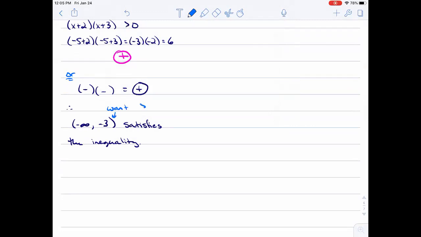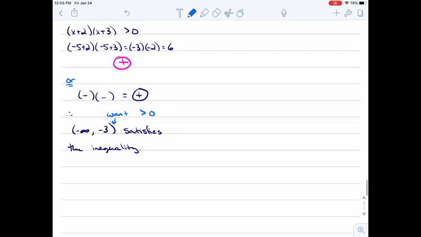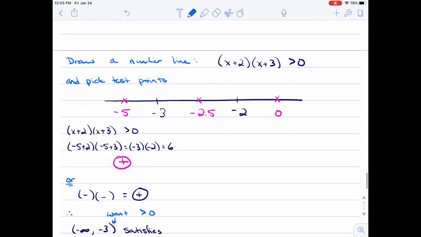Because we want greater than 0, not greater than or equal to. That's where the round bracket or square bracket is going to come from: it comes from the inequality that we're trying to solve.